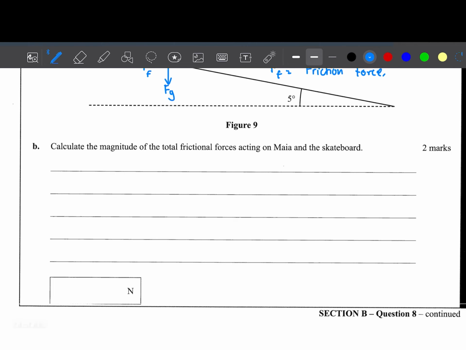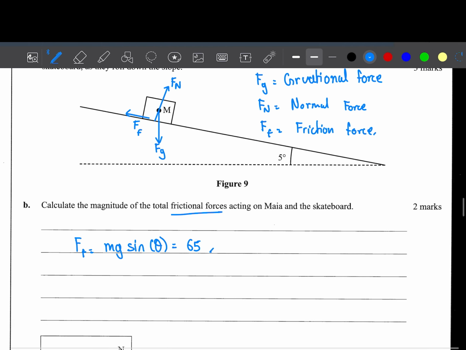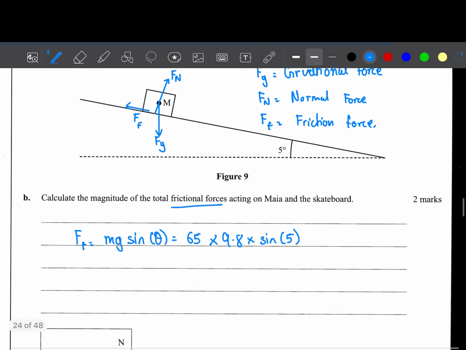Calculate the magnitude of total frictional forces acting on, okay, so that is just going to be F is going to be mg sine of theta, which is going to be 65, because that's the total mass, right? Yeah, 65 times 9.8 times sine of 5, because 5 degrees.